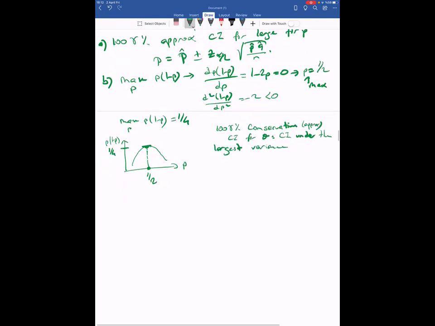Okay, so it will be like p hat plus minus z_{delta/2} times 1/(2 square root of n). So this covers all possible sample variations.